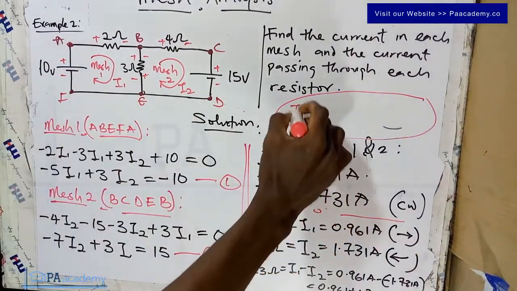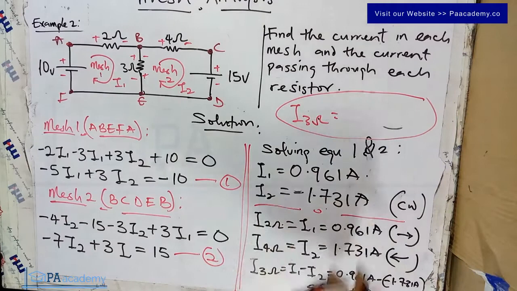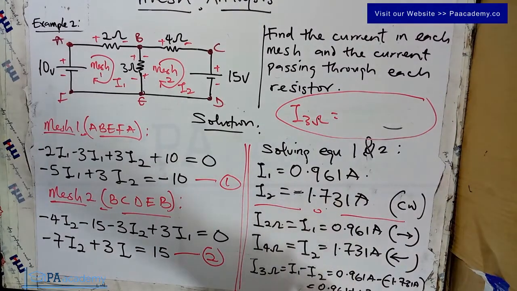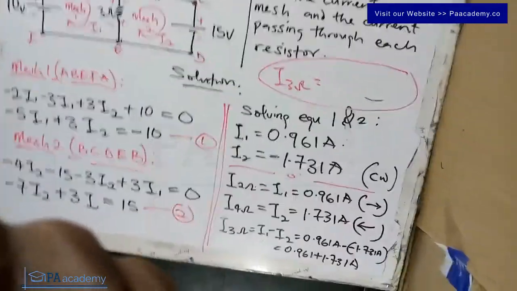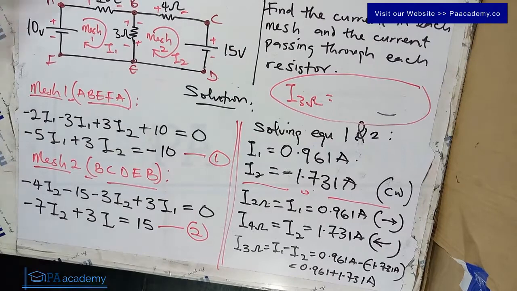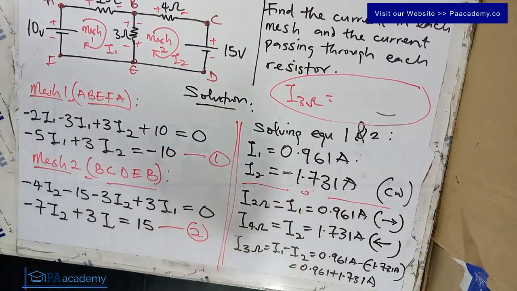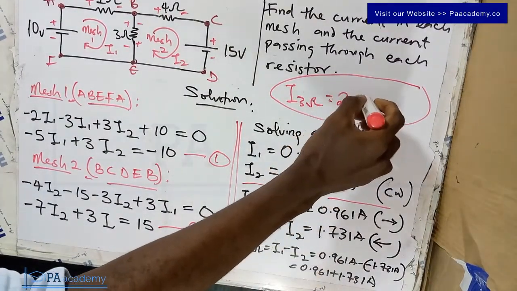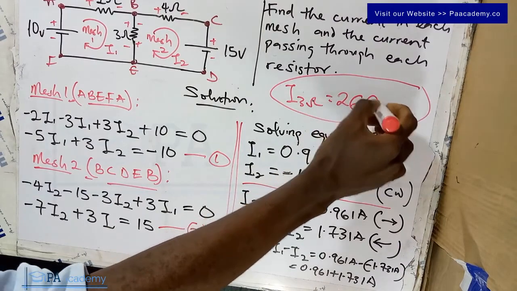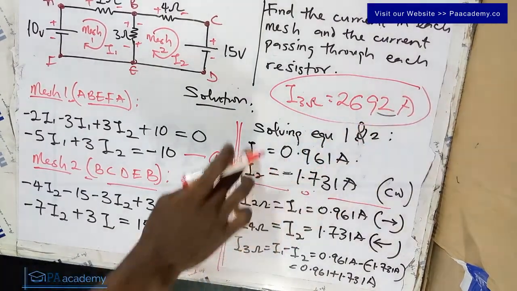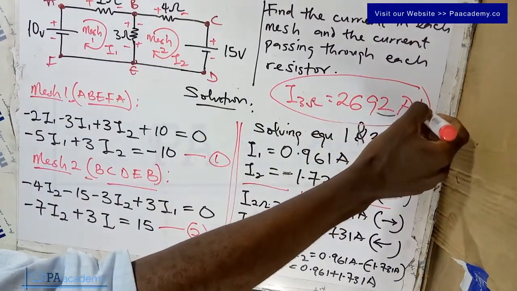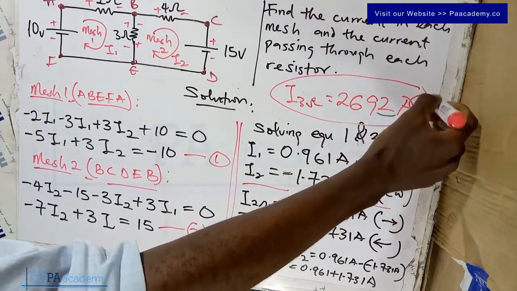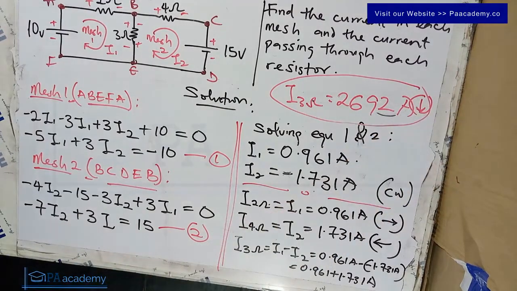So that means our I3, if you add the values together, I hope you can see it, we are going to be having 2.692 amperes. And now the direction, since it's I1 we are considering, is going to be the downward direction.